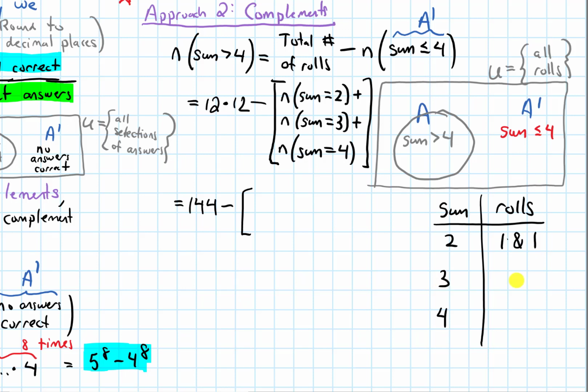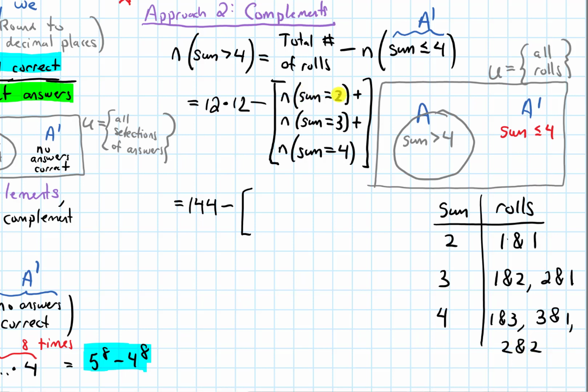It could be 3 if I roll 1 first and then 2 after that, or 2 first and then 1 after that. It could be 4. I think we might have already done 4. It was 1 and 3, that was part A actually. We could do 3 and 1, switching their order, or we could do 2 and 2.